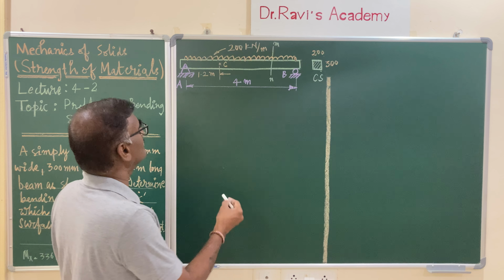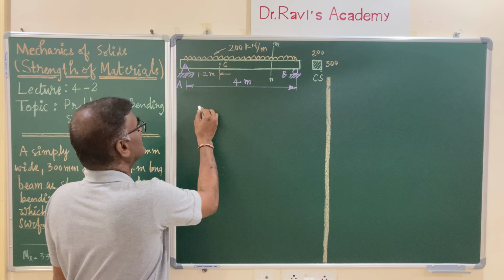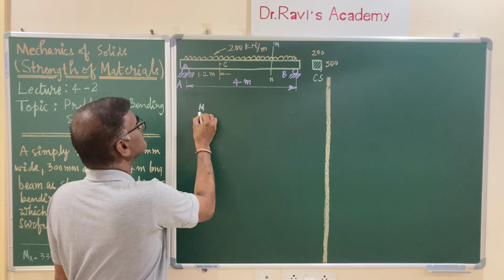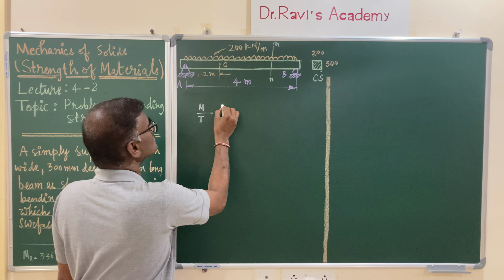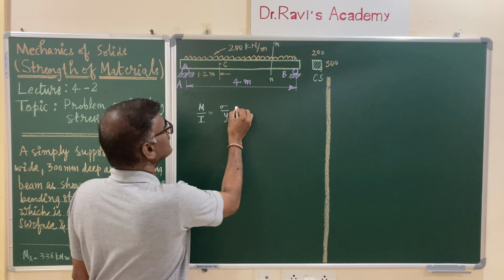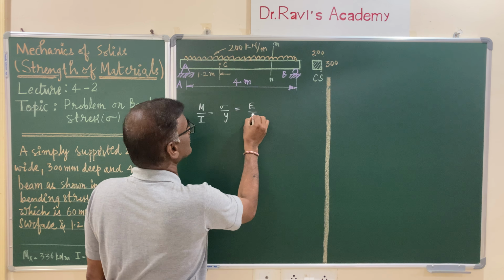Let us first write down the bending equation, that is M by I is equal to sigma by y is equal to E by rho.